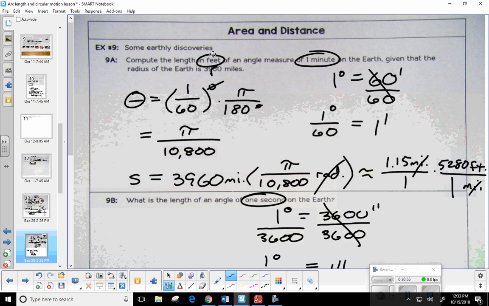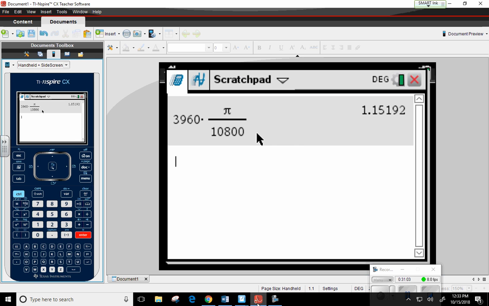See, the miles cancel, and we'll have feet. So all I have to do is multiply the answer that I got in miles by 5,280. So let's see what that is. Times 5280. I'm getting about 6,082 feet. 6,082. All right. Now there's still one problem left, but we'll take a look at that tomorrow.